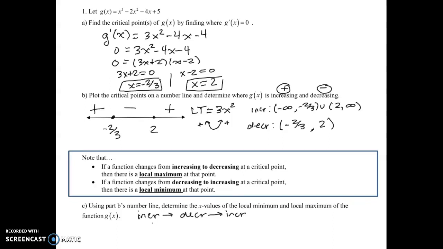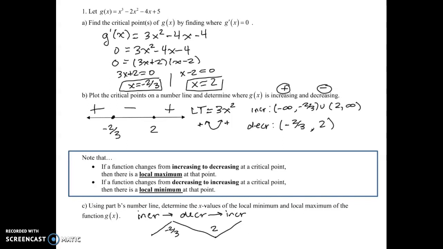And what I do is just draw a picture in my head. So I say, well, it's increasing, it's decreasing, it's increasing, right? And so this would be at the negative 2/3 value, and this would be at the 2 value. I'm just a little bit more visual. If the definition is all you need, you don't have to draw a picture.